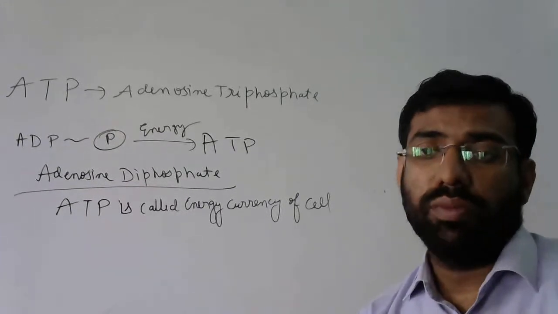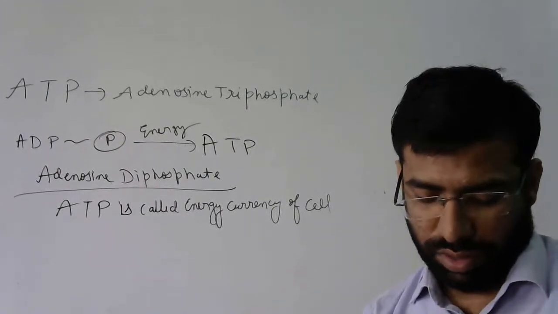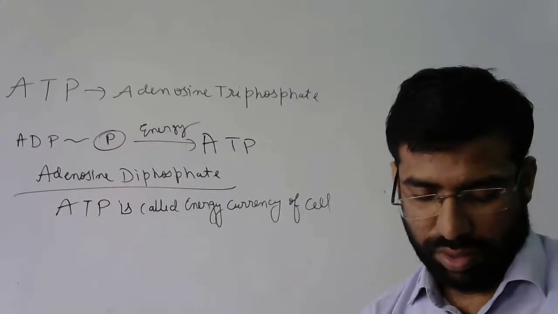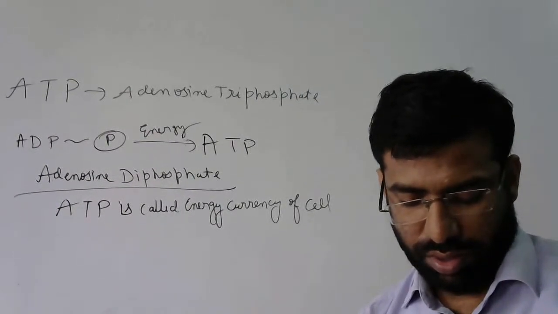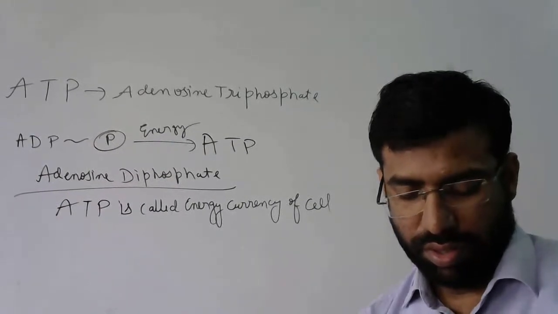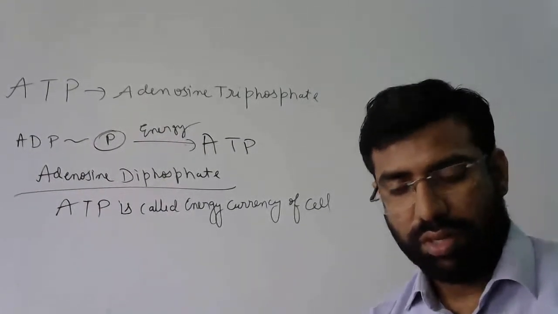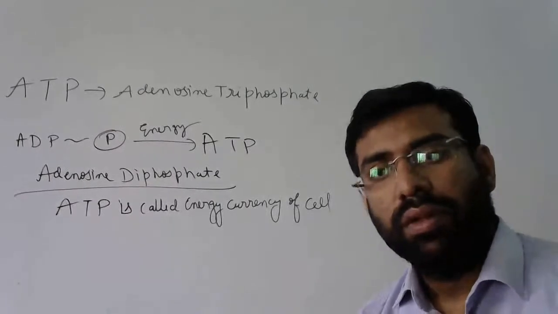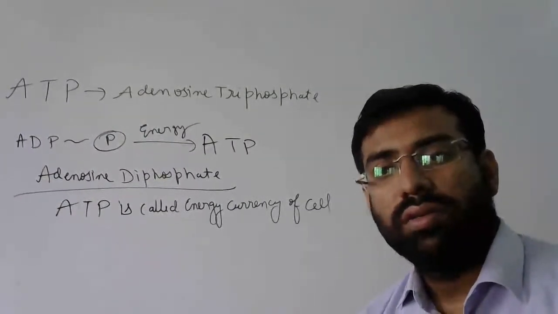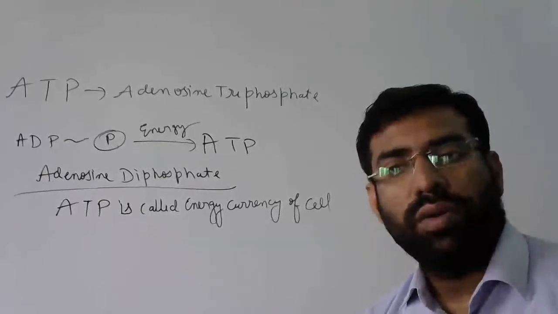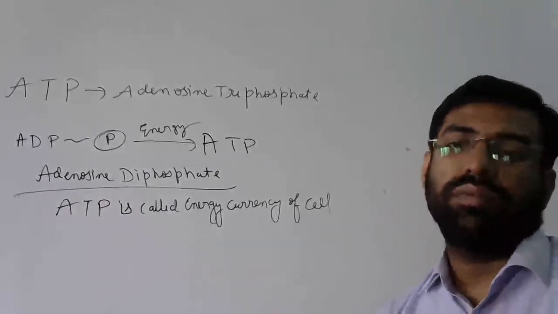Get reduced by how much percent? And towards growth and reproduction, on average 10%.